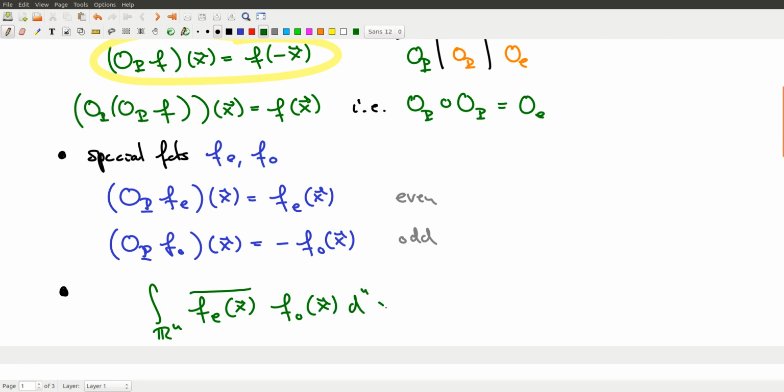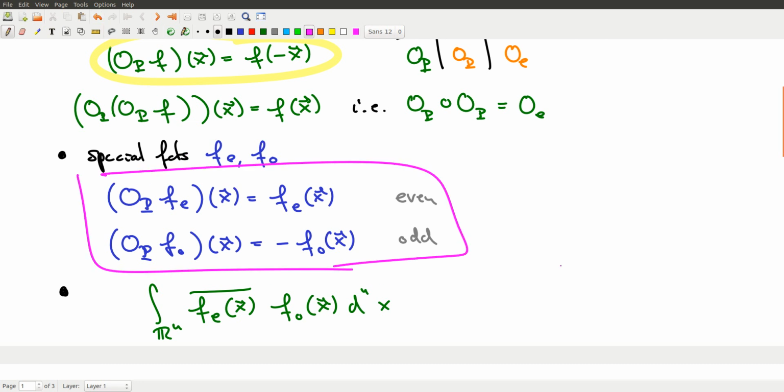Well, of course, this integral will not exist for any function of n variables, but let's say we chose some FEs and FOs such that these integrals exist, and the FE and FO have these properties here, they are even and odd.